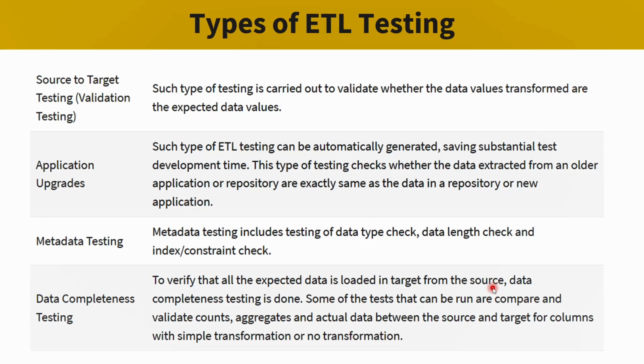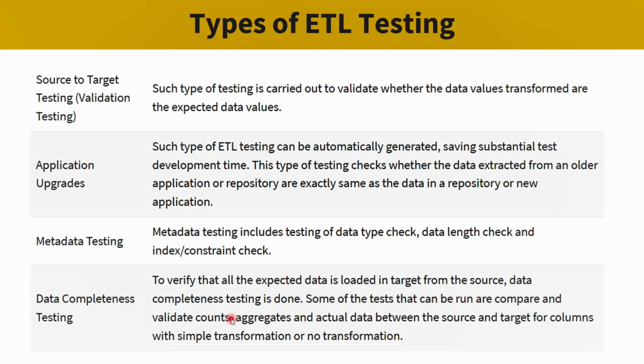Another type of ETL testing we need to perform is data completeness testing. In data completeness testing, we need to verify that all the expected data is loaded in the target from the source system.